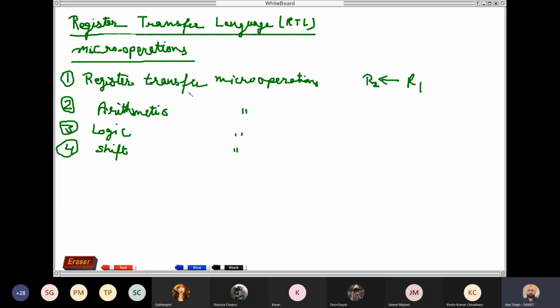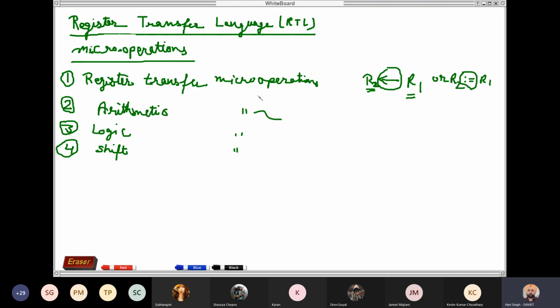The second representation that we have already discussed is R2 colon equal to R1. This arrow or colon with equal sign indicates the data transfer operation. On the left side you write the destination and on the right side you write the source of data.